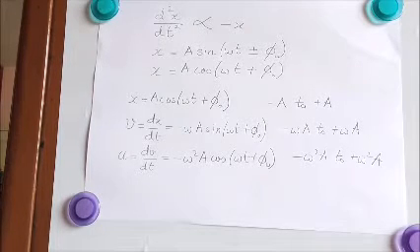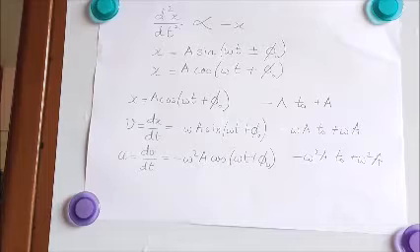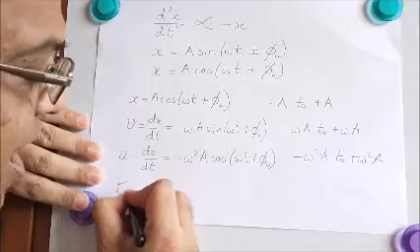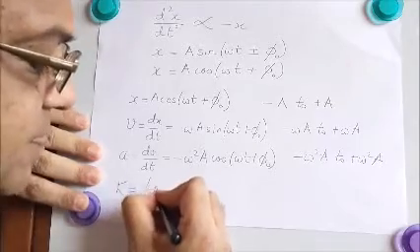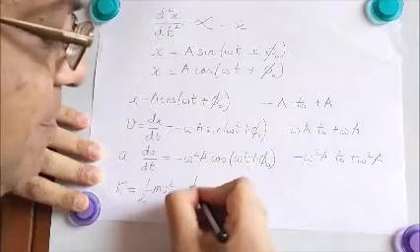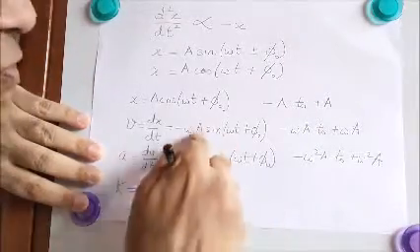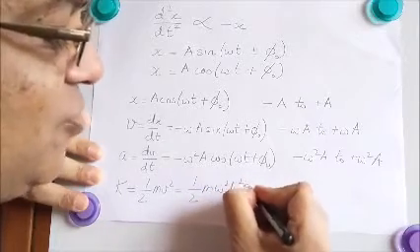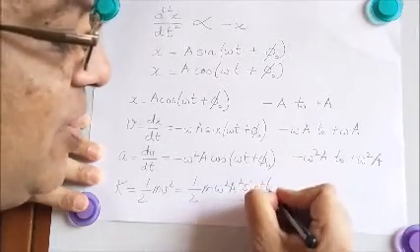Now if you look at the equation of kinetic energy with time, kinetic energy is given by half mv square. So this kinetic energy will be half m omega square a square sin square(omega t plus phi naught).